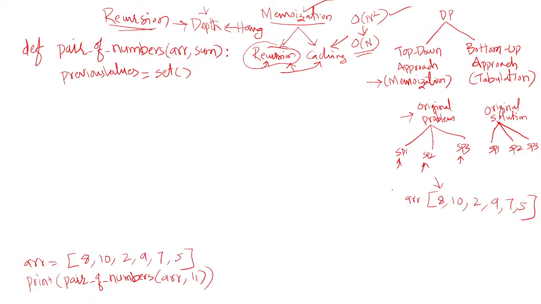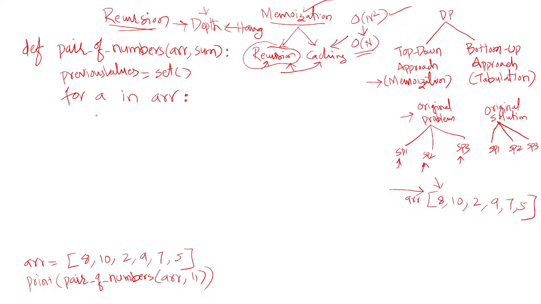That means you only need to traverse this entire array once. So I use a for loop here, for a in array, for each value of the array.